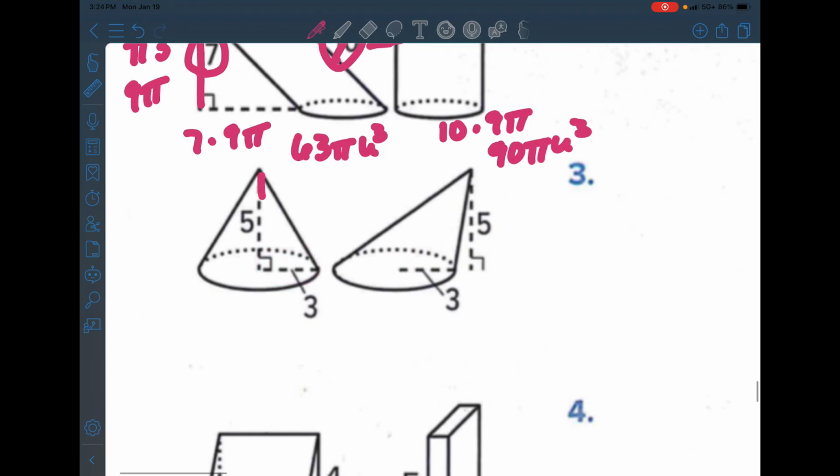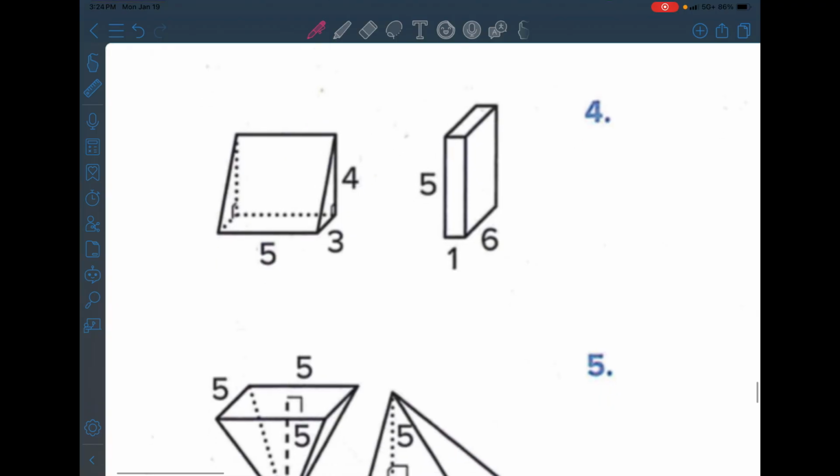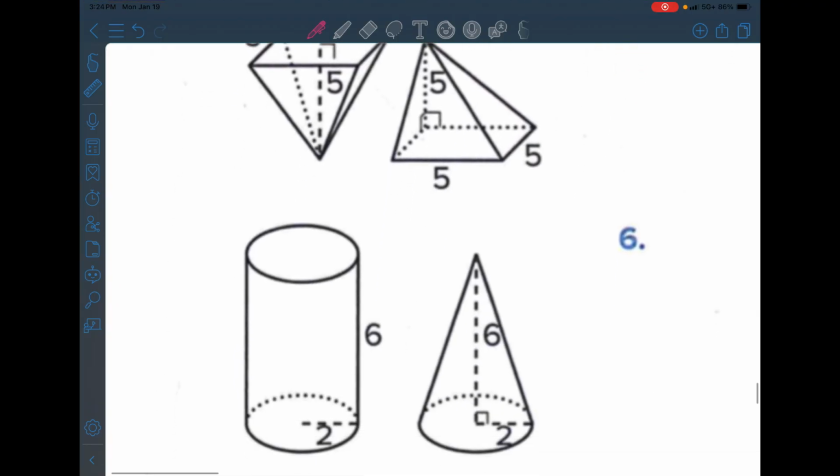The height on this one is 5, and the height on this one is also 5. So without calculating number 3, yes, they are going to be the same. They have the same capital B, the same area of the base, and they have the same height.